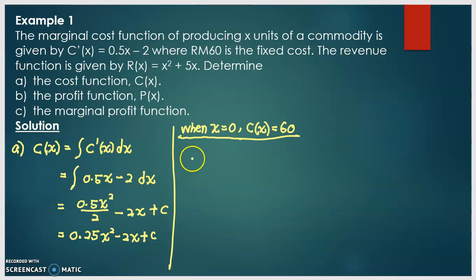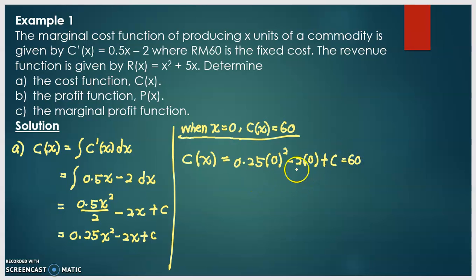So when X is equal to 0, I substitute into C(x). So C(x) is equal to 0.25 times 0 squared, minus 2 times 0, plus C, and this is equal to 60 ringgit.